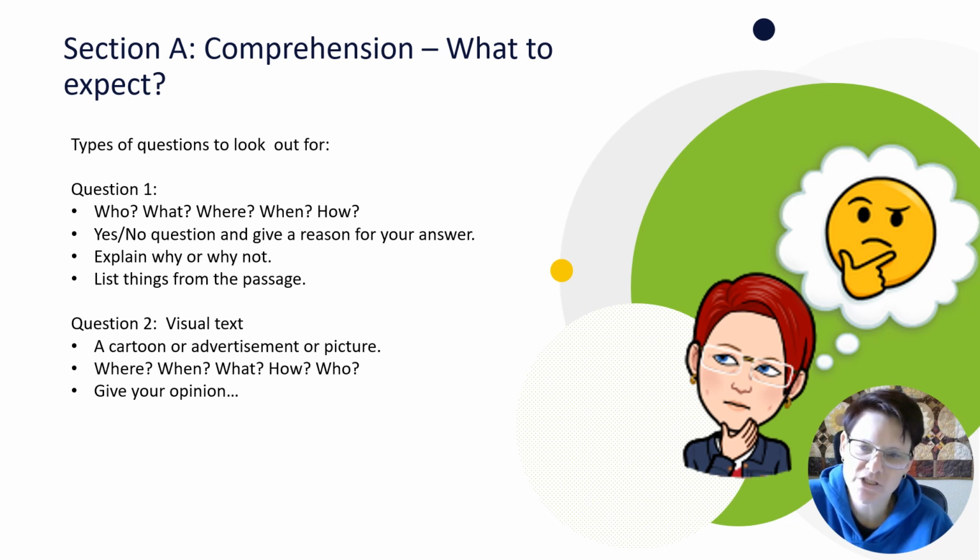Right, now there are certain types of questions that you need to look out for. In Section A, you will come across a Question 1 and a Question 2. Your Question 1 is usually a reading passage that you will have to go and read and then answer the questions afterwards.